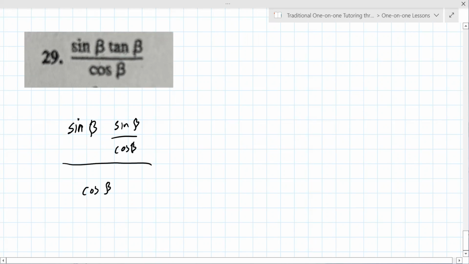So this one didn't really get better because the sine doesn't cancel with that. Would you agree? No, it doesn't cancel.